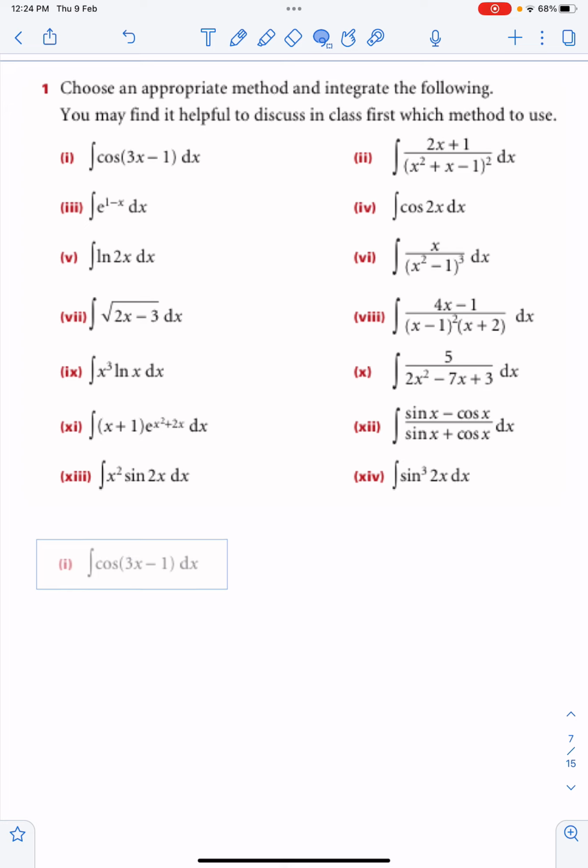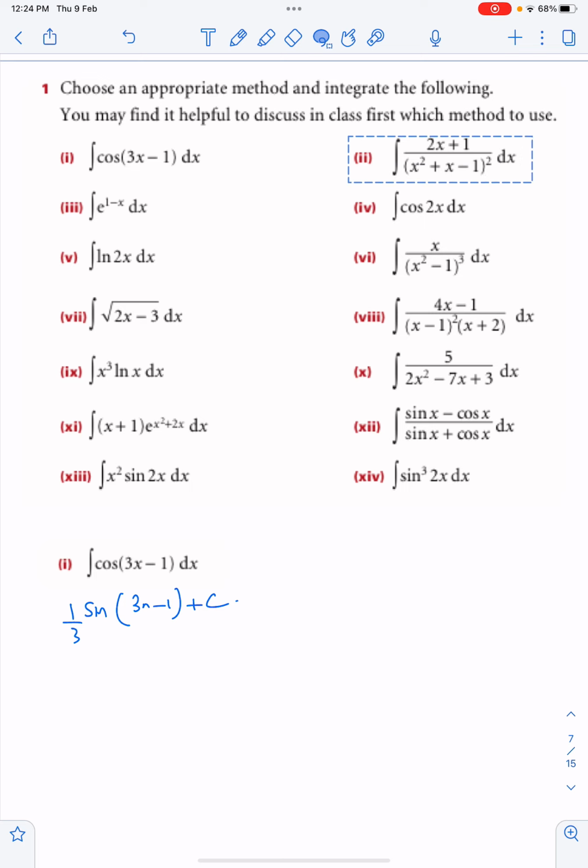It's just a question of the form cos of ax plus b or sine of ax plus b. How do you go about integrating them? We know the integration of cos is sine, so we'll write sine and the bracket as it is. After that, we're going to differentiate the bracket, and the derivative of the bracket is 3, so you divide it by 3 and plus c would be the final answer.